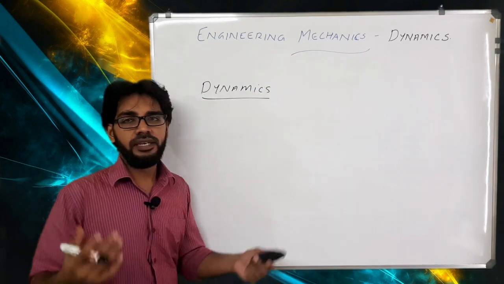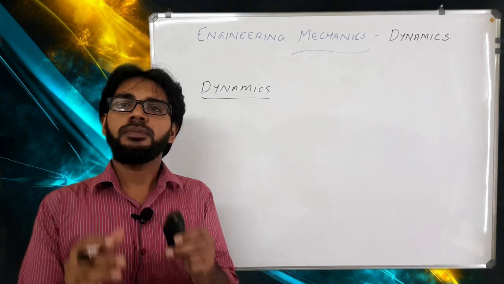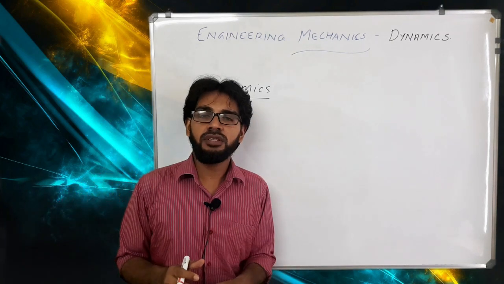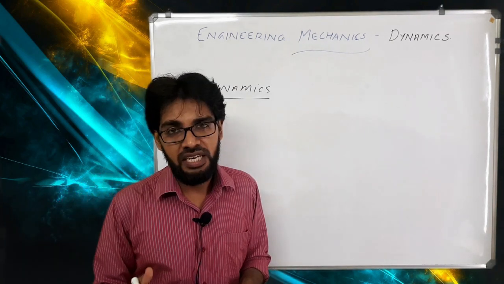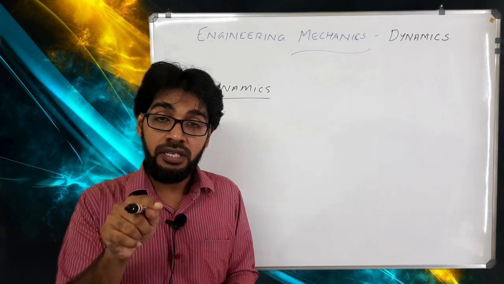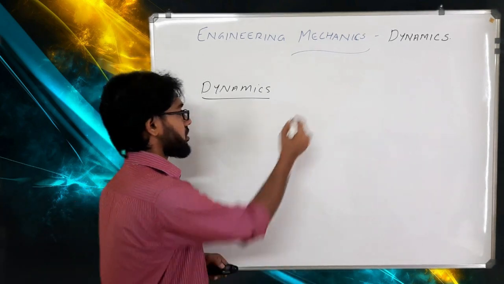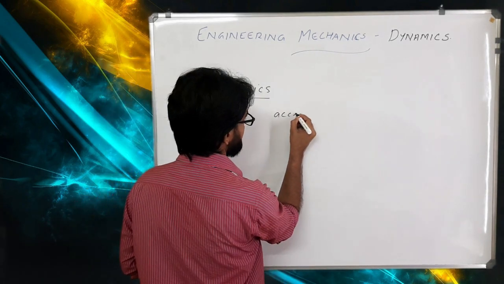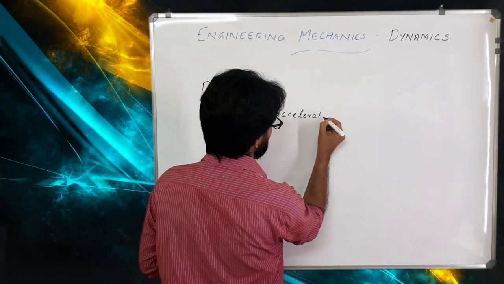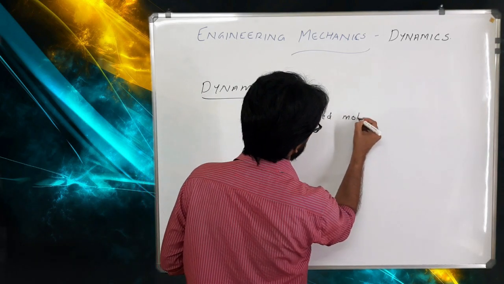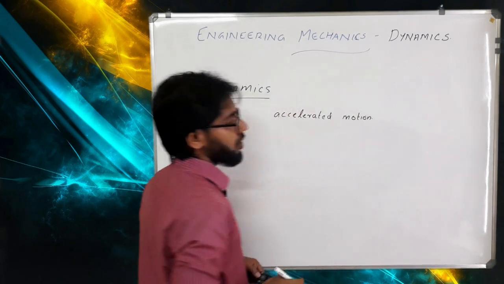Now, dynamics. What do you mean by dynamics? It is the branch of mechanics that deals with the study of bodies that are in accelerated motion. I use this term specifically, accelerated motion. Why?